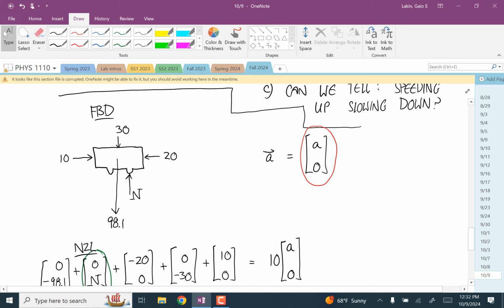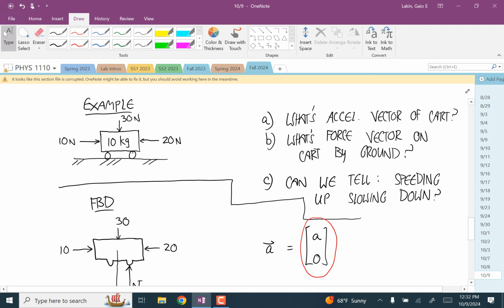If we were told that at this instant it's moving to the left, then we could say acceleration and velocity are in the same direction, it's speeding up. Or if we're told that at this instant it's moving to the right, then velocity and acceleration are in opposite directions, and it has to be slowing down.